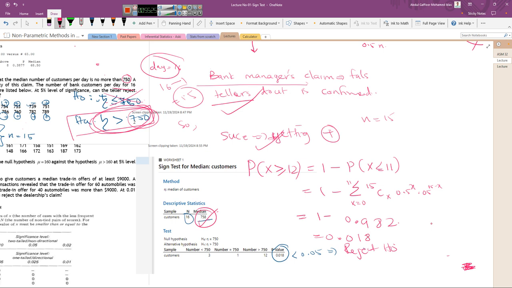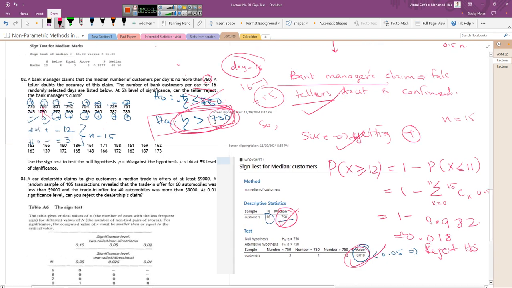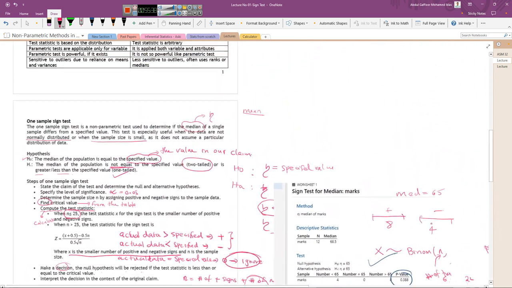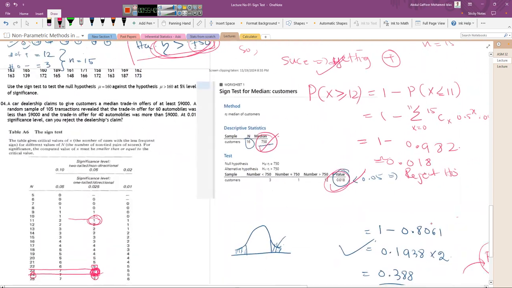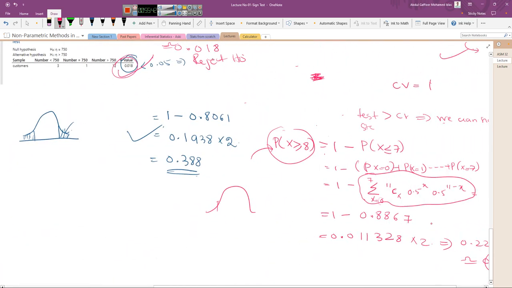0.018 approximately, right? So we have obtained this p value because here in the previous case I multiplied by 2, because the original... okay, now here I multiplied by 2 because this probability value is for only one tail, and if you want to find out the probability of the two tails I have to multiply by 2.